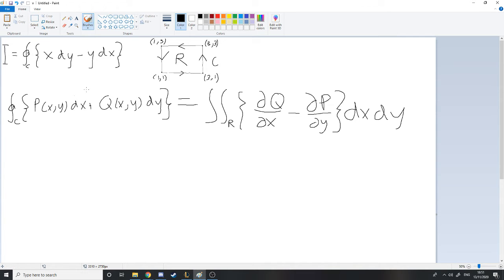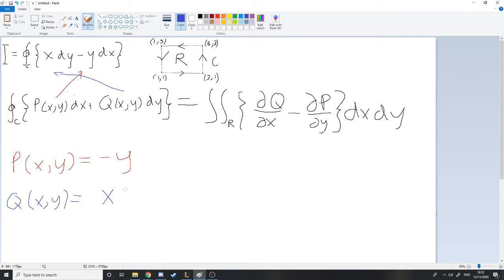So first let's identify what our p and q is. p goes with dx, so in our case p is just a function of y, but I'll still write it like this to make it clear, and it's going to be minus y, and I guess we could do a different color here, and our q is just going to be a function of x. And that's just going to be x.